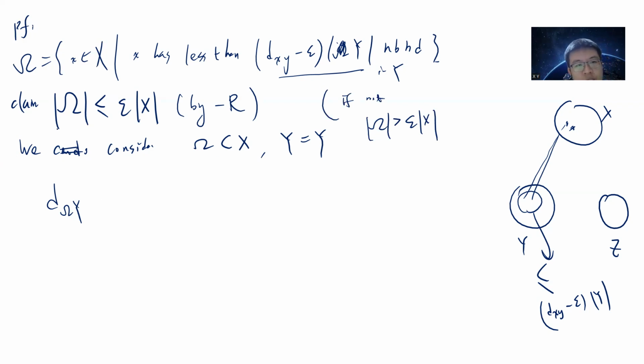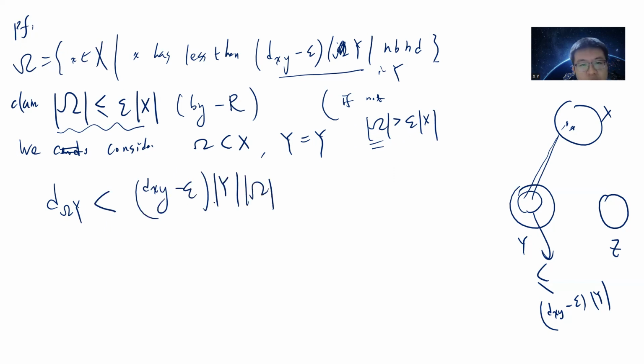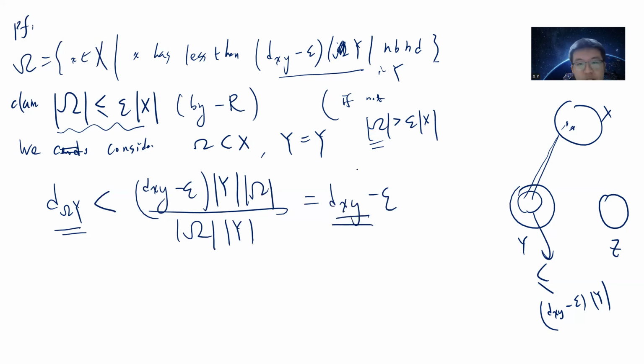If omega is greater than epsilon |X|, then omega satisfies the size condition of regularity. But d(omega, Y) would be less than d_xy minus epsilon, since each node in omega has fewer than (d_xy minus epsilon) |Y| neighbors, and the density is the edges divided by |omega| times |Y|. This violates regularity.